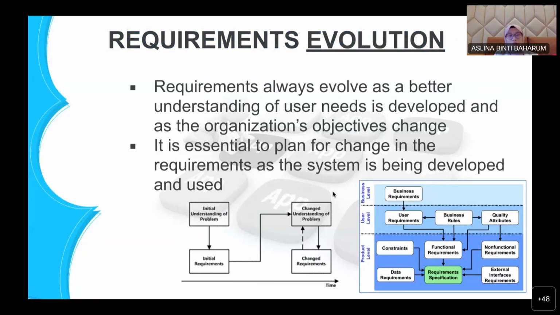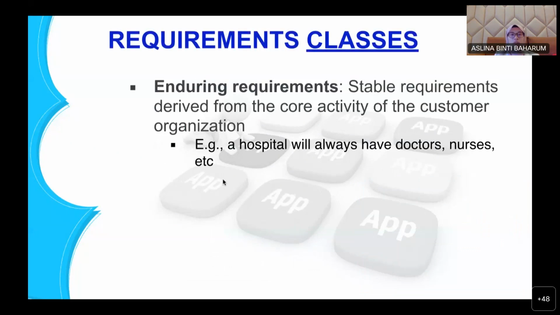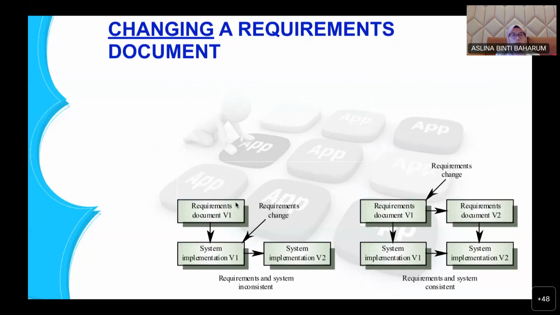It can go back and forward. Requirement classes: stable requirements derived from the core activity of the customer, and volatile requirements which change during development or when the system is in use. Actually, we did not go into that, but this is just for your additional knowledge.